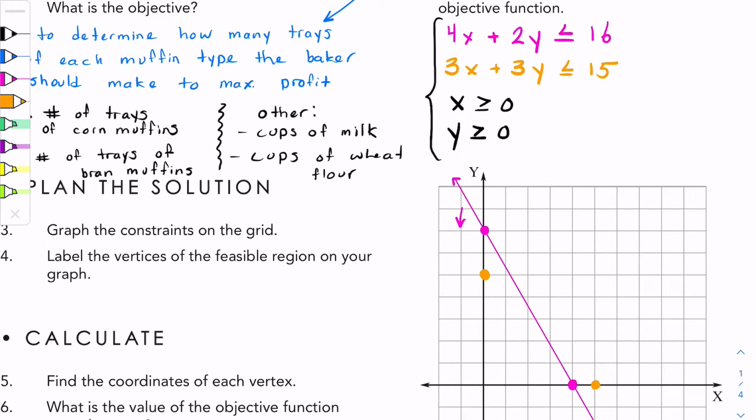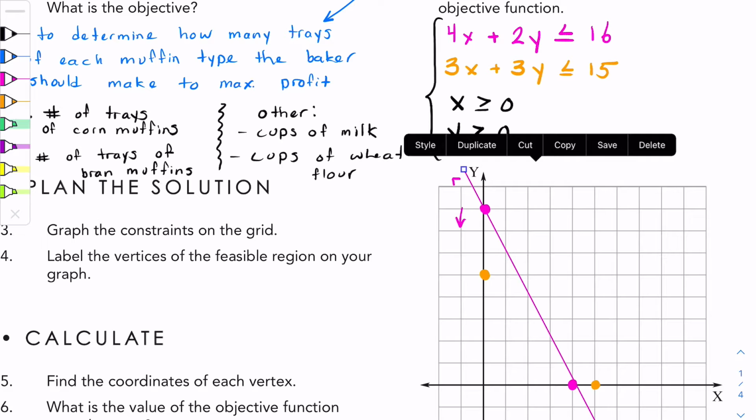I think I misgraphed a point. 1, 2, 3, 4, 5, 6, 7. I misgraphed this point. Hold on 1 second. I counted wrong.